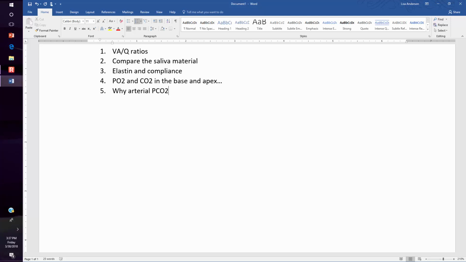Okay, so why do increases in arterial CO2 increase ventilation? But then you also want to try to understand why, when you increase ventilation, that then decreases PCO2. Okay.